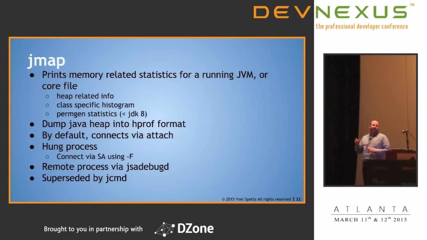Next one I'll look at: if you were here for the session right before this one, the presenter mentioned JMap, but didn't go into it. I was a little bit concerned he was going to steal my thunder. JMap allows you to do a couple of things. Number one, get some memory-related statistics.